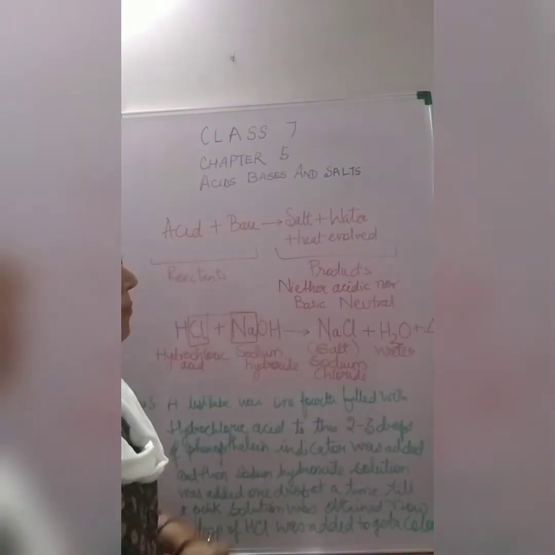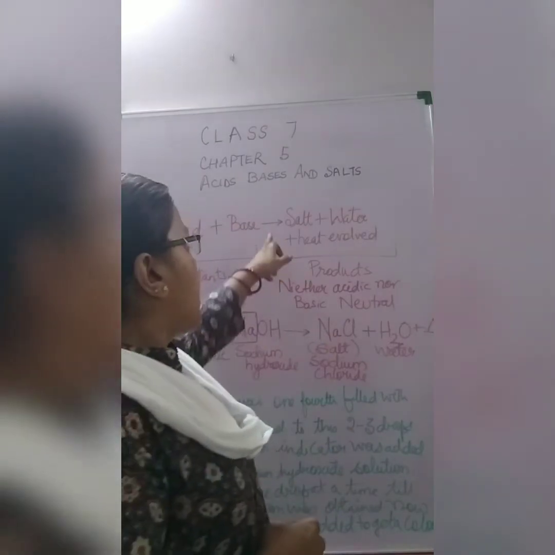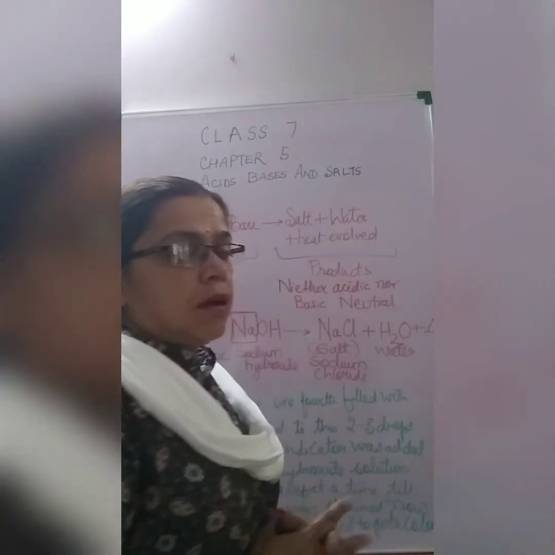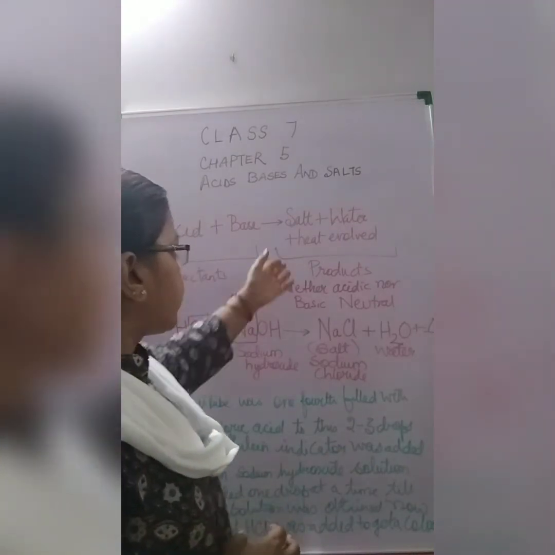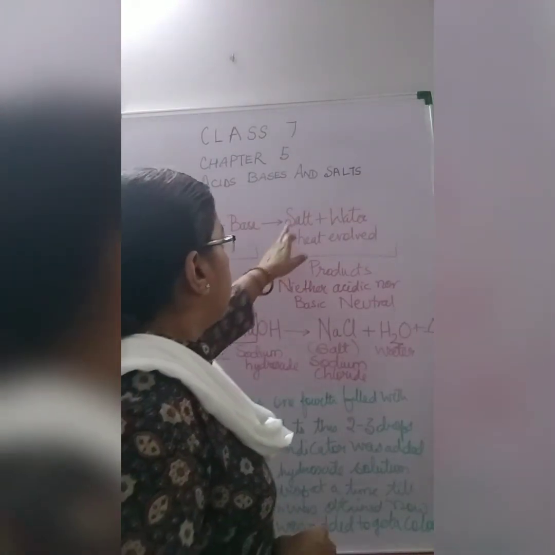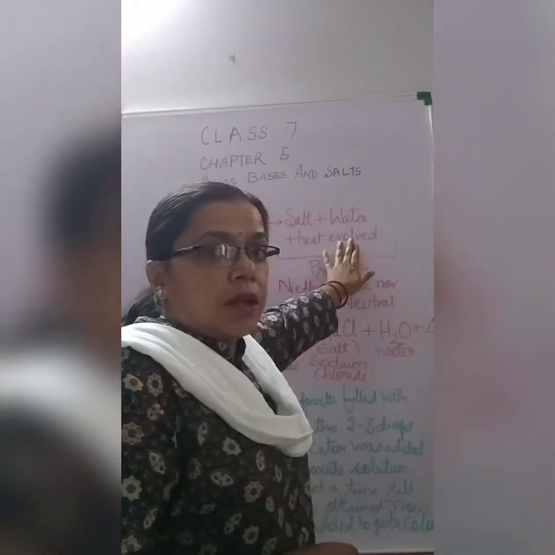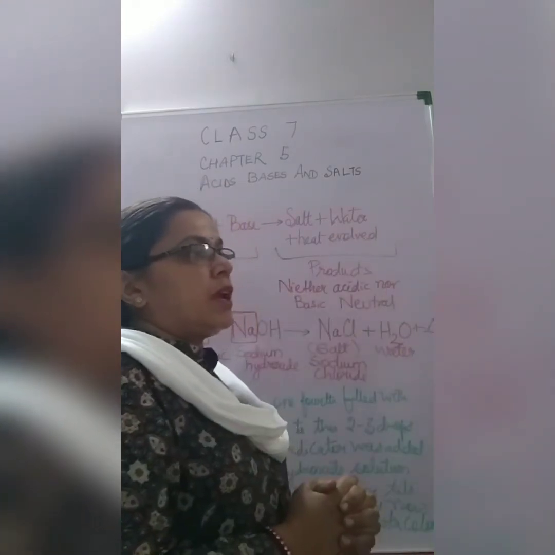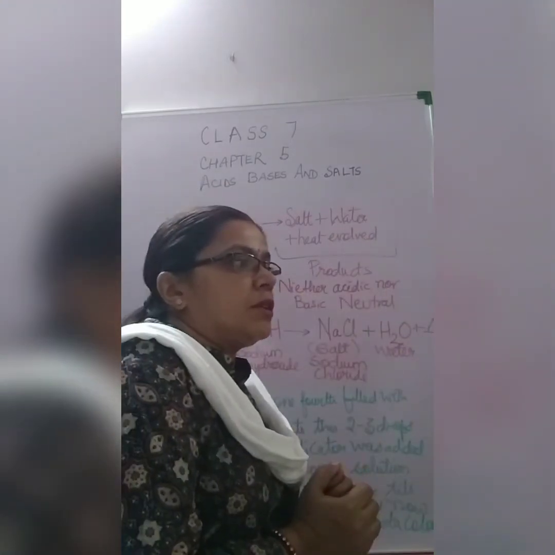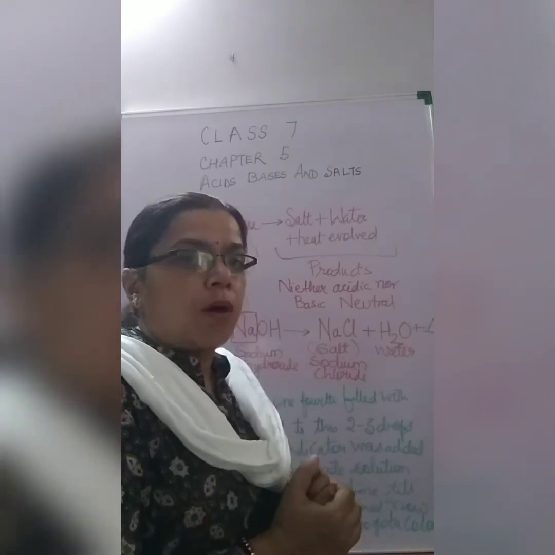Acid and base, as they are reacting, are regarded as the reactants, and salt and water are regarded as the products. Heat is evolved, heat is given out. That is why, when there is a reaction between an acid and a base and we touch the container in which the reaction is occurring, it becomes warm.